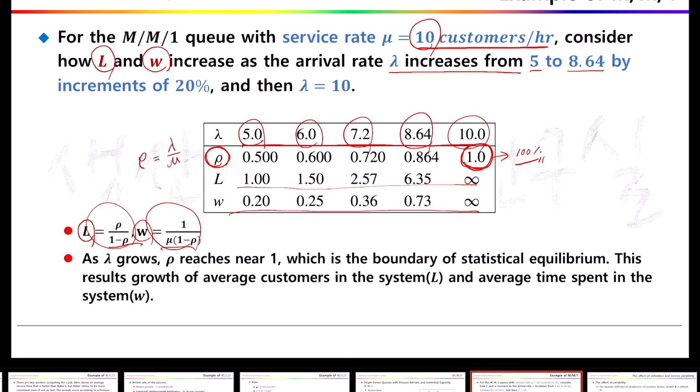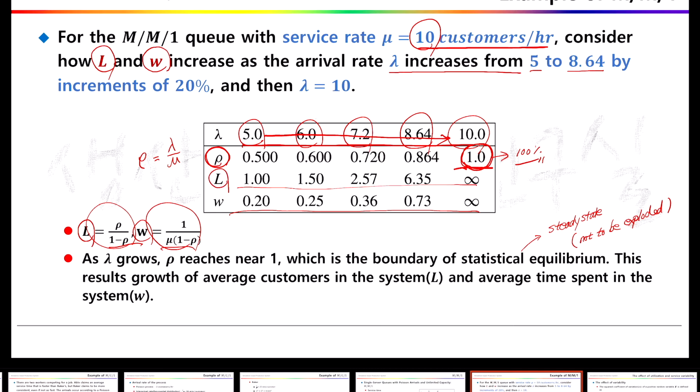As lambda grows from 5 to 10, rho reaches near 1, which is the boundary of statistical equilibrium. It means that in order to be steady state, the system must not explode. This results in growth of the average number of customers in the system.